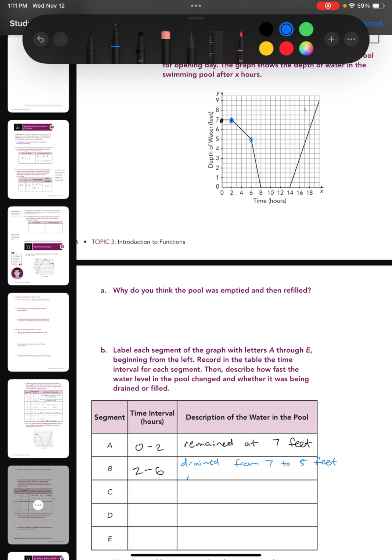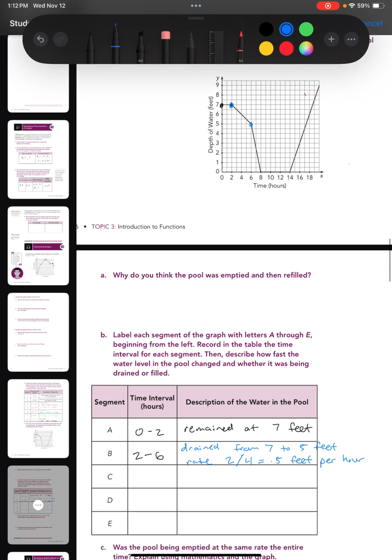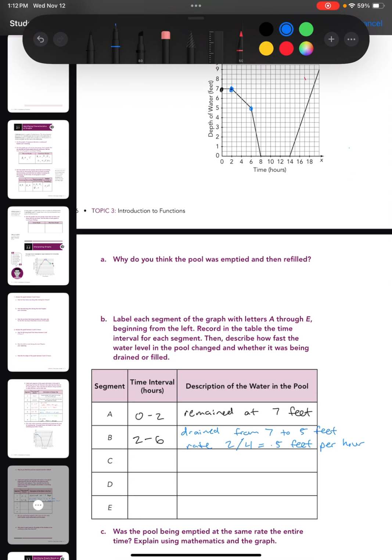So 2 feet, so a rate of 2 feet in 4 hours means it was drained at 0.5 feet per hour. Okay, then our next time period was from 6 to 8 hours. If we look back here, so 6 to 8, now it's completely drained.